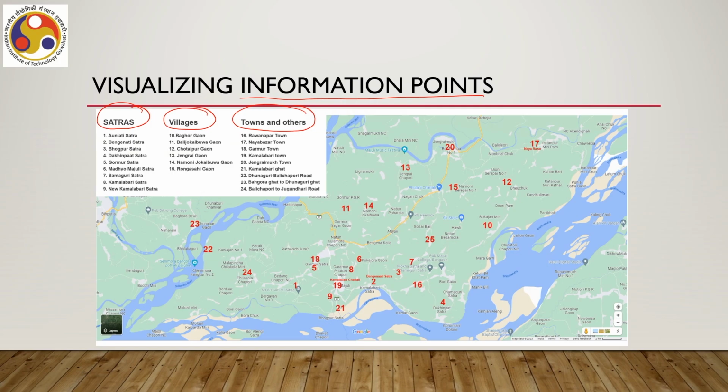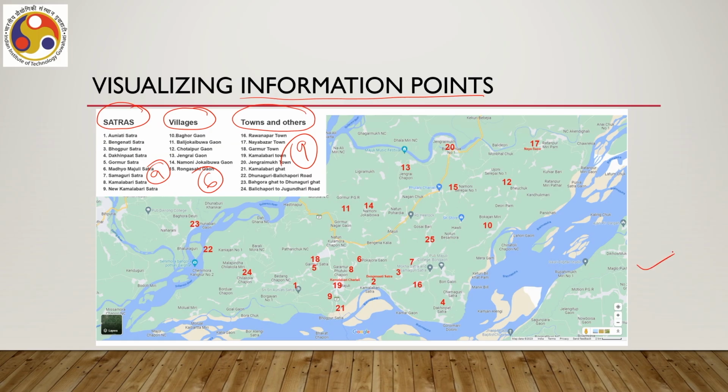9 of such places. So, 9 towns and other places, 6 villages and 9 satras. These are the points of interest as marked here on this map.